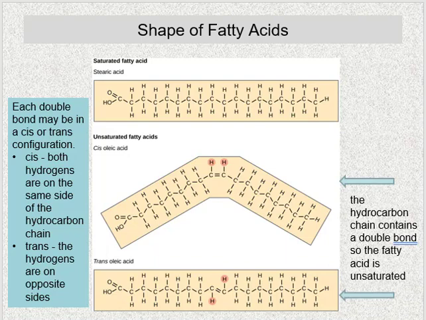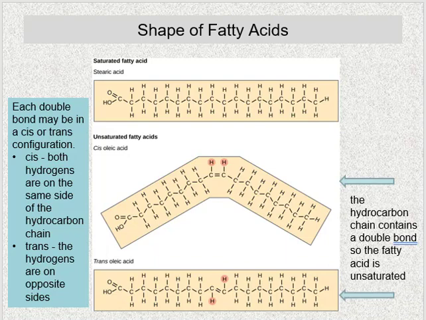Most unsaturated fats are a liquid at room temperature. We call these oils. If there is only one double bond in the molecule, then it is said to be a monounsaturated fat. An example of this would be olive oil. If there is more than one double bond, then it is said to be a polyunsaturated fat. An example of this would be canola oil.